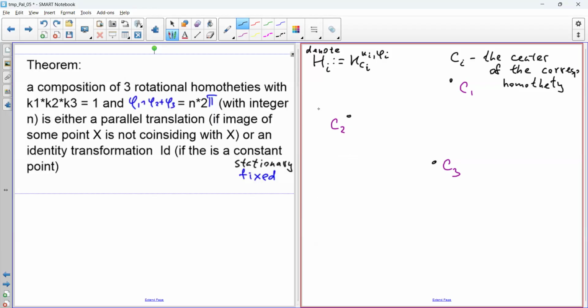First of all, we can track the change of length of some particular segment. Consider an arbitrary segment AB.